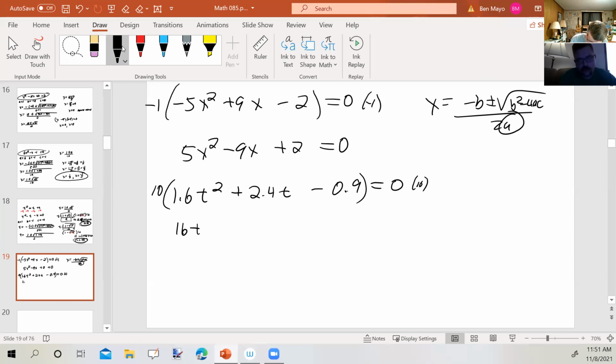I get 16t squared plus 24t minus 9 equals 0. And now A is 16, B is 24, C is negative 9. And I could plug those into the quadratic formula. Again, I could still use the originals. I could use 1.6, 2.4 and negative 0.9, but it's just nicer to not have to deal with those.